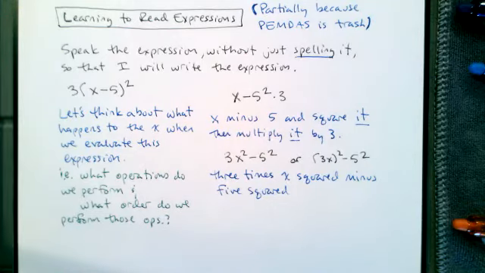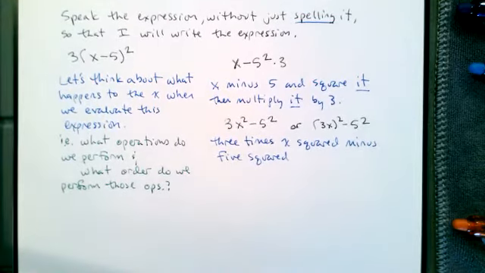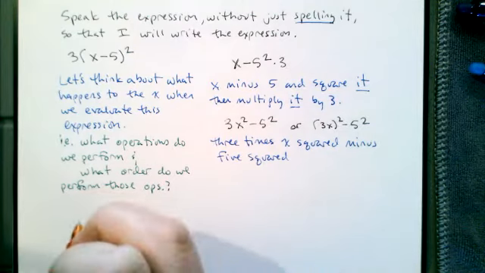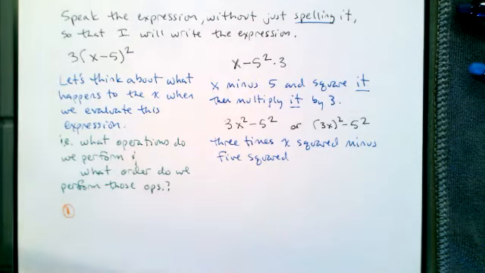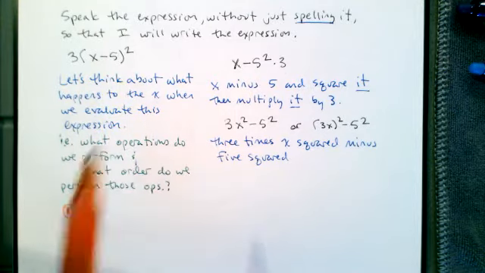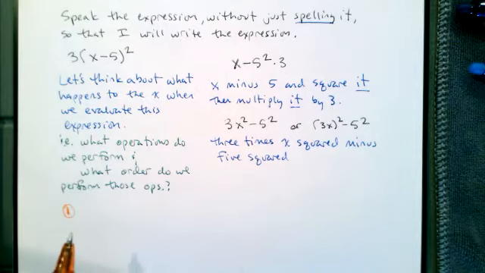So if you were going to plug a number into this expression, what is the first thing that you would do to that number? What is the first operation you would perform? Let's say x is equal to 12. What's the first thing you do to the 12? I'll list the operations in order. Multiply by 3, square things, subtract 5. What goes first?